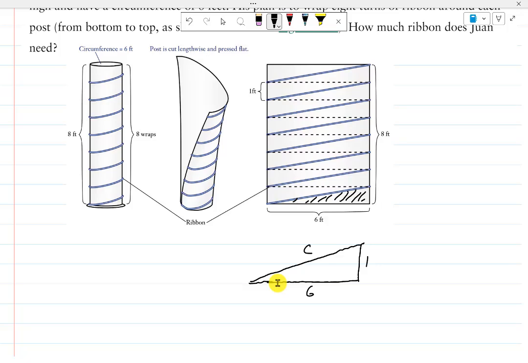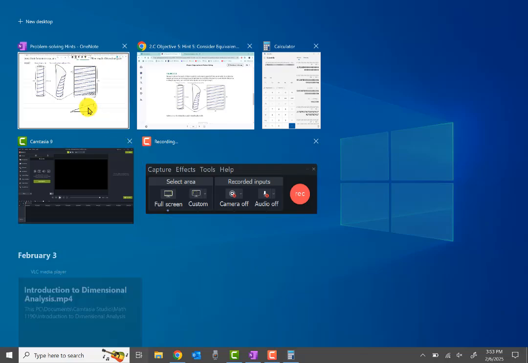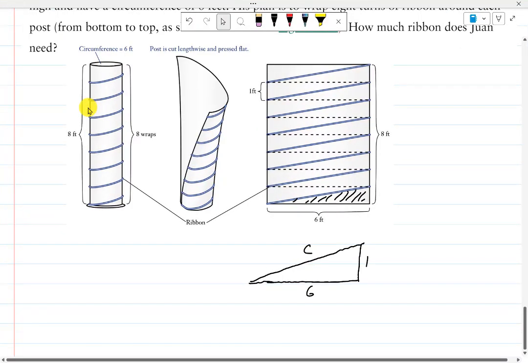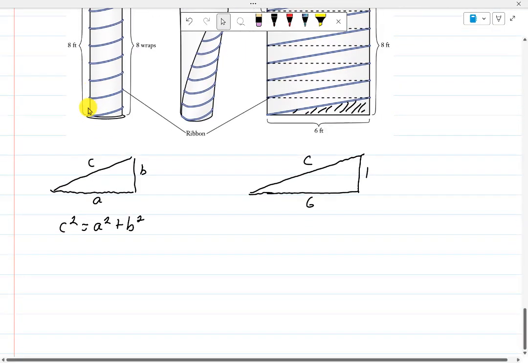The reason I'm using C is because we're going to make use of a very famous theorem. This is called the Pythagorean theorem.